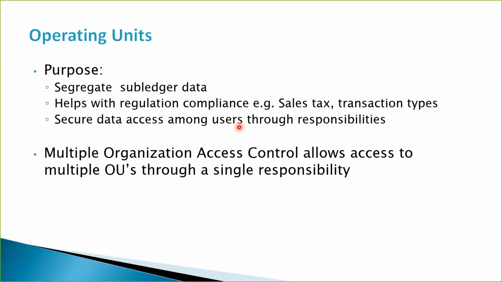So what is the purpose of operating units? We have mentioned this also, but operating units segregate data at the sub-ledger level, just the way that the ledger in the GL module is used to segregate information. Then the sub-ledger data is segregated using operating units.